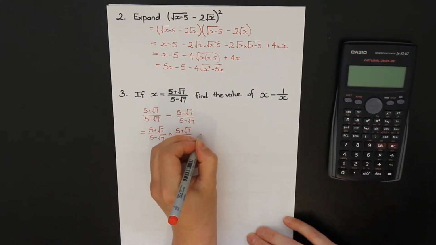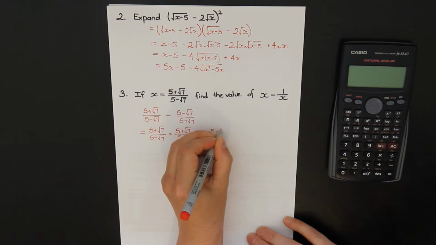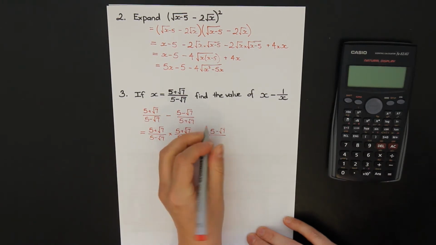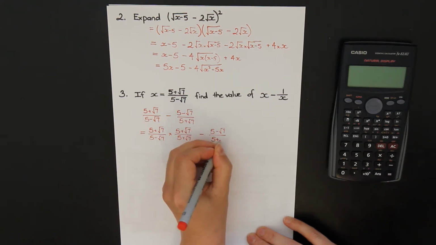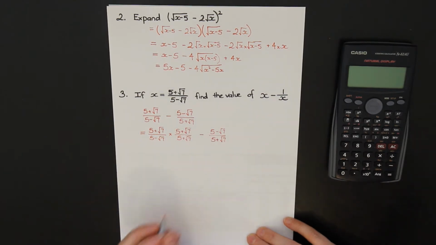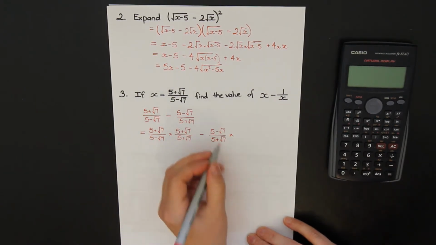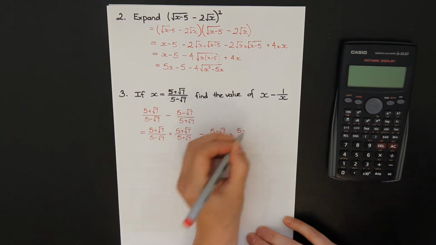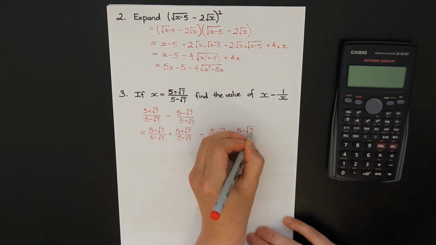And then the second one, I want to multiply by its conjugate, which is the same but with the opposite, so this time a minus.